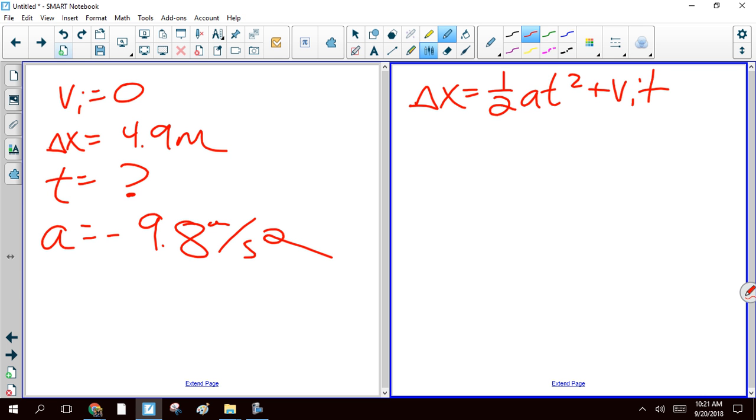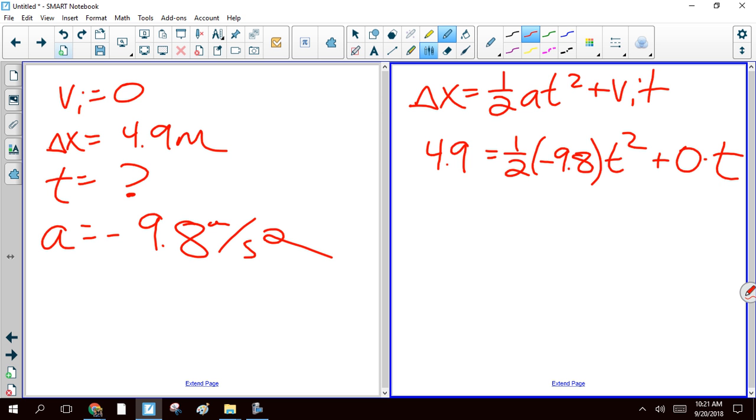All right, so let's do that. Our displacement is 4.9 equals 1/2 of negative 9.8 times t squared plus 0 times t. Everybody good up to there?